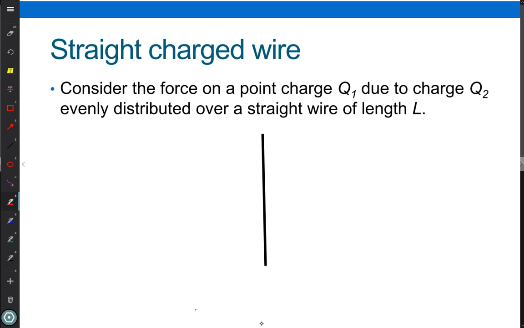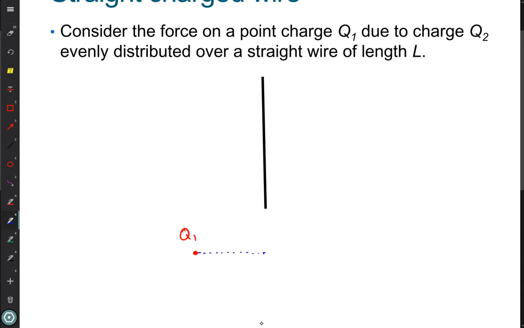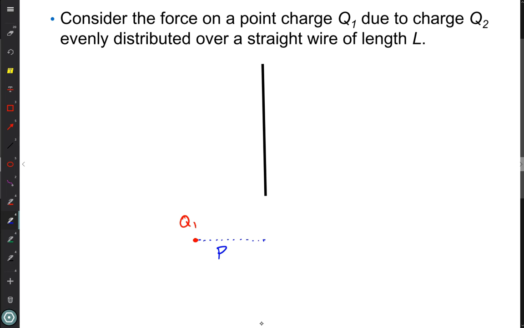And so I'm going to put a point charge here, Q1, and this point charge will be a distance P sub x from it horizontally, and a distance P sub y from the end of the wire vertically.